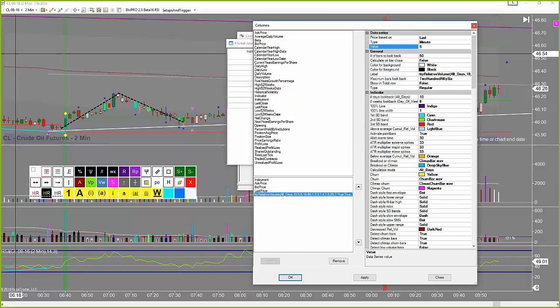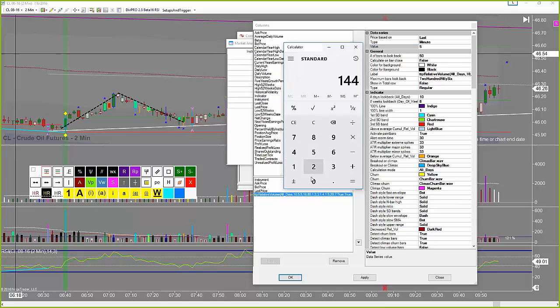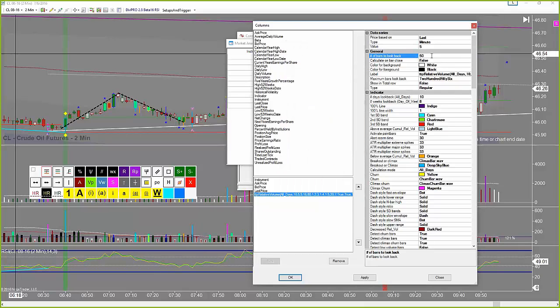I need 20 days back. 1440 divided by 5 equals 288 5-minute bars per day times 20 days, 5,760 bars. I don't know if Ninja's going to be able to handle that in the Market Analyzer. I don't know.